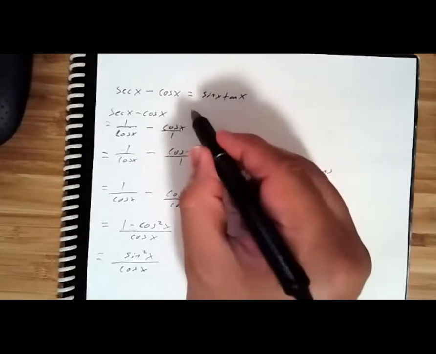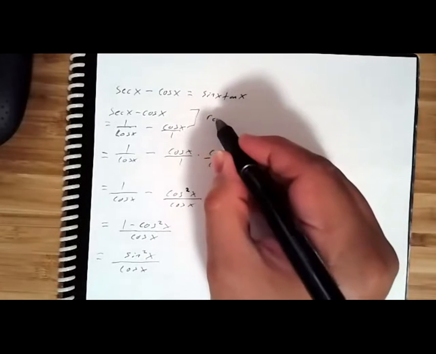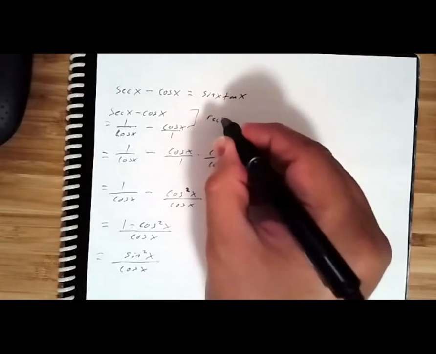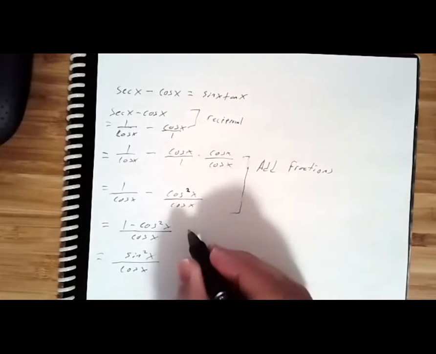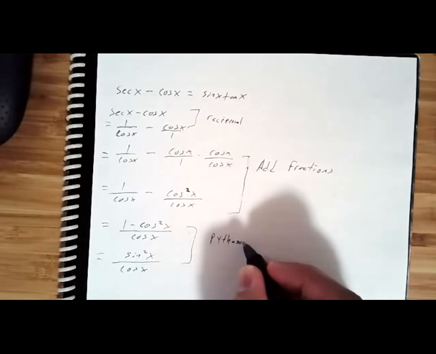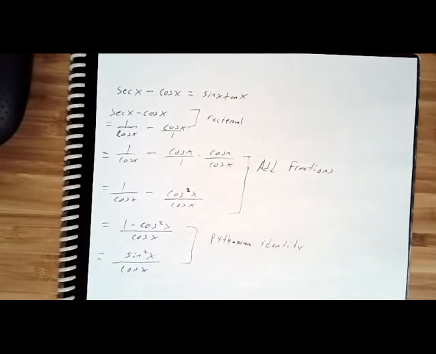In the beginning, we used the idea of reciprocals, or I think it might have been ratio. Here, that was the Pythagorean identity. And we're almost done.